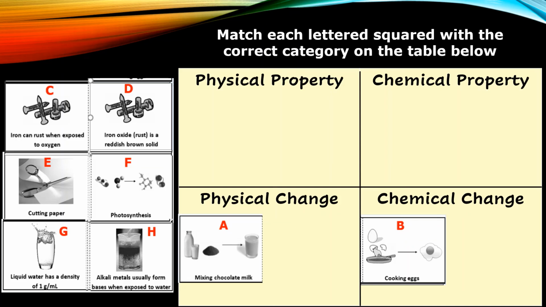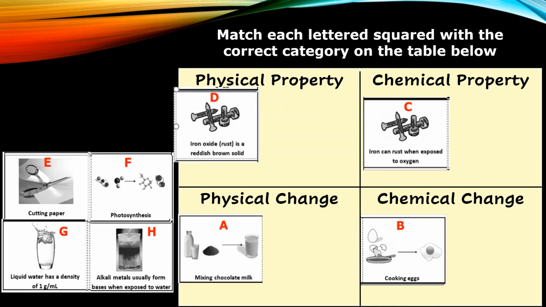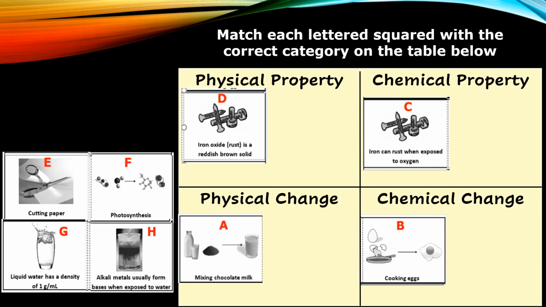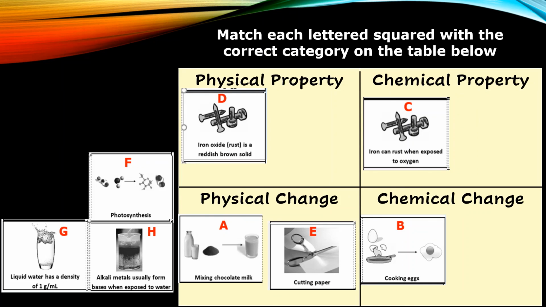If we look at C, saying that iron can rust when exposed to oxygen, that's describing a behavior or how it's going to react. That means it's a chemical property. D says iron oxide or rust is a reddish brown solid. That's describing the color, which is going to be a physical property. E, cutting paper, is going to be a physical change.